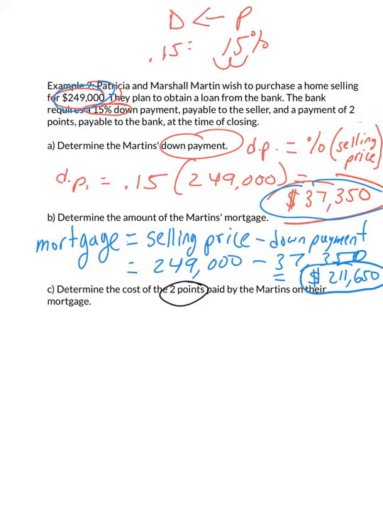The bank says to the Martins, if you can afford to put a little bit more down at the time of closing, charged on the mortgage, then we will lower the interest rate that we charge you on that mortgage, which will essentially lower your monthly mortgage payment. And each point is a percent. So 2 points would be 2% of the mortgage.